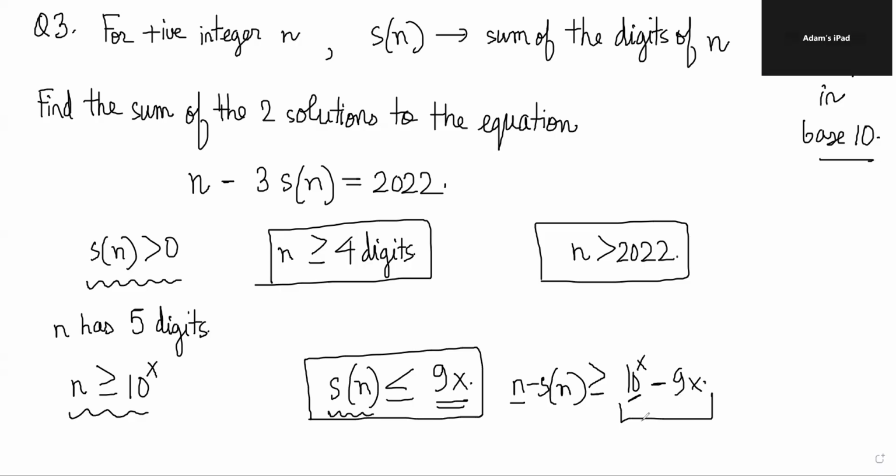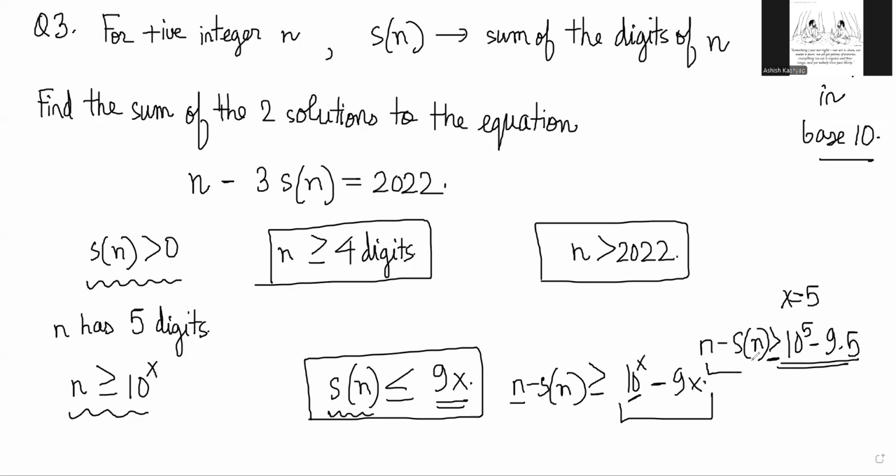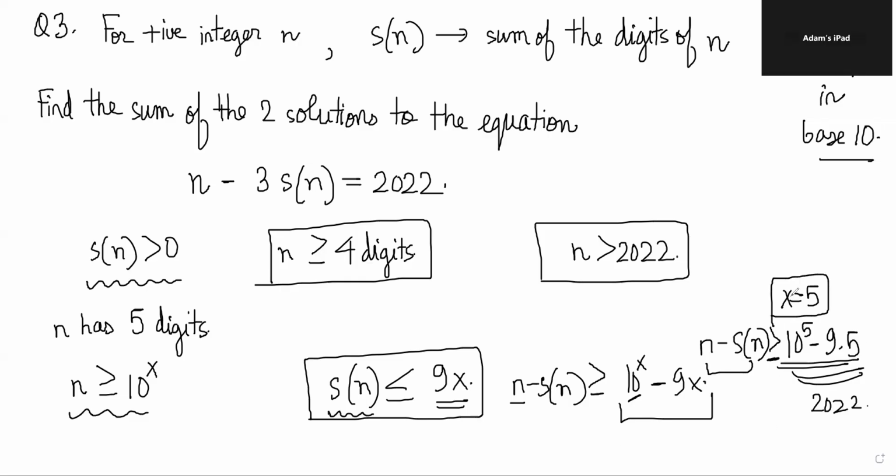If you try x equals 5, you get that it's way bigger than 2022, and 10 to the power of x increases exponentially while 9x increases at a constant rate. So basically n minus S of n is much bigger than 2022. So there is no solution for x equal to 5, and it cannot have a solution higher than that because this difference will be even bigger. Right? Okay.